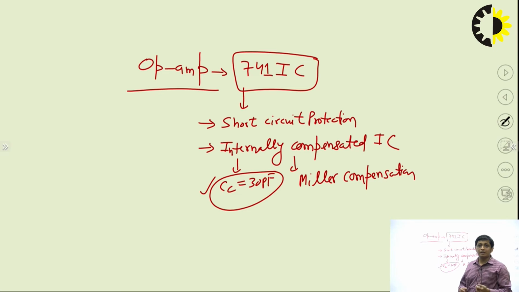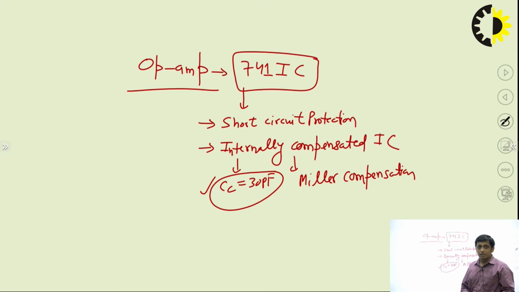Suppose there is no internal compensation, then we need to connect a capacitor externally. But this is not the case with the 741 IC. Already inside 741 IC, a capacitor of 30 picofarad is fabricated in the second stage to stabilize the op-amp. This is another advantage of 741 IC. So these two advantages are there with 741 IC.